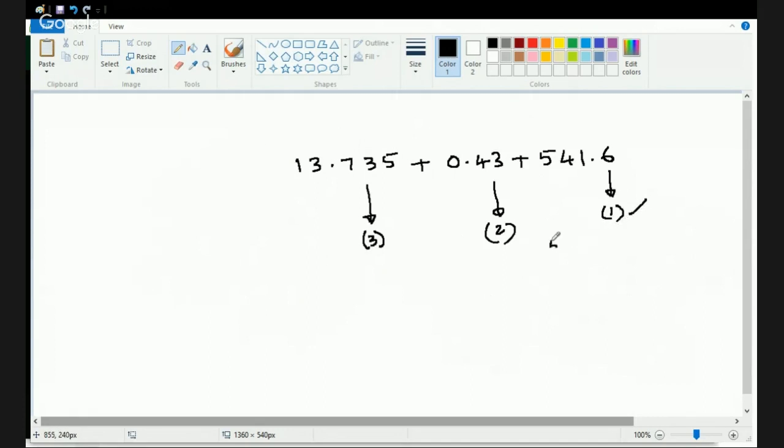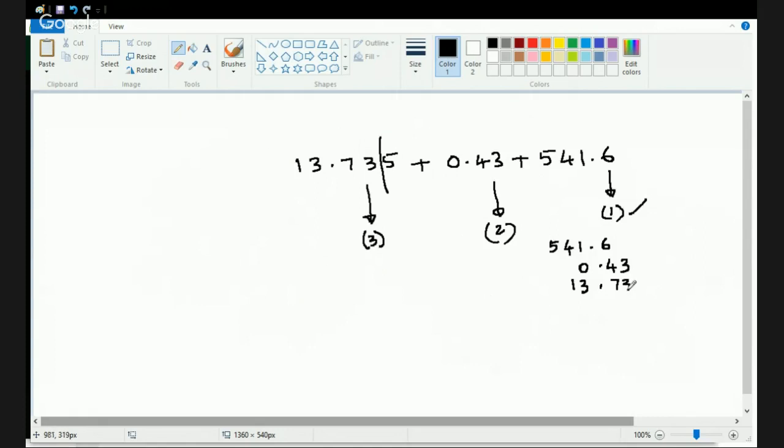So don't disturb 541.6 because it has one significant figure after decimal. This should have two. Second one you must round to 2. Already 2 are there. 0.43 means after decimal 2 are there, no problem. The other should also have 2. When I say 2 after decimal, how should I write it, sir? 13.73.